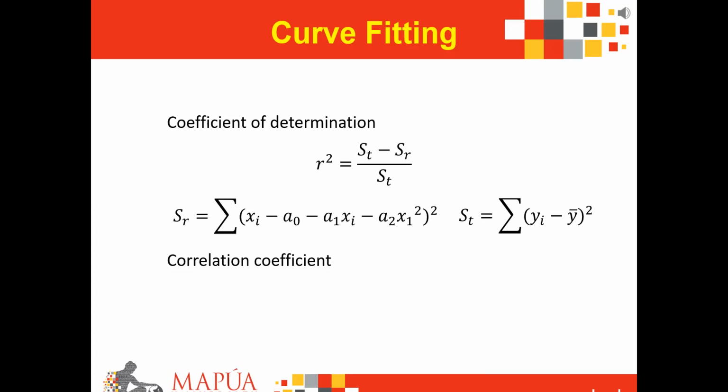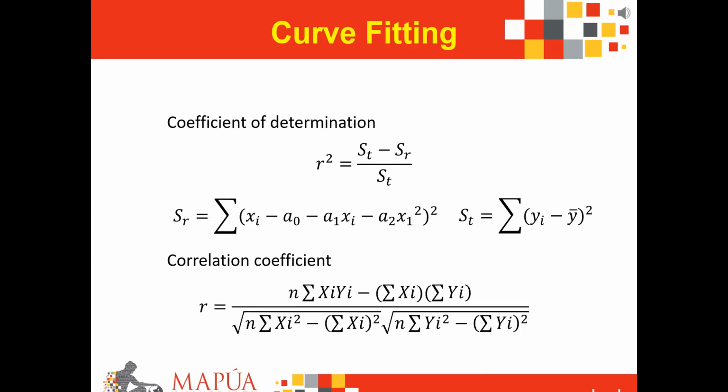Likewise, you could now solve for the correlation coefficient by simply obtaining the square root of your R squared, or simply applying this formula in order to solve for your correlation coefficient R. The correlation coefficient R under linear regression usually falls between -1 and +1.